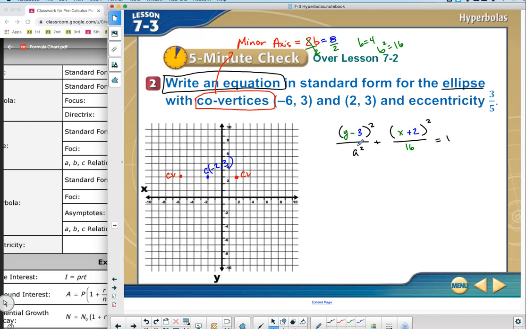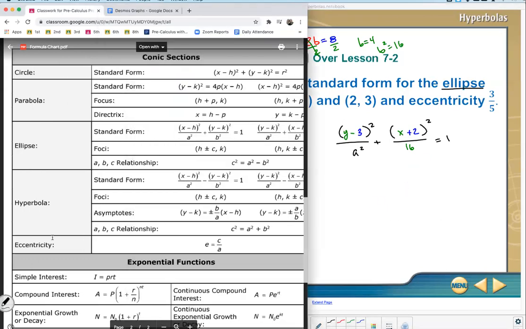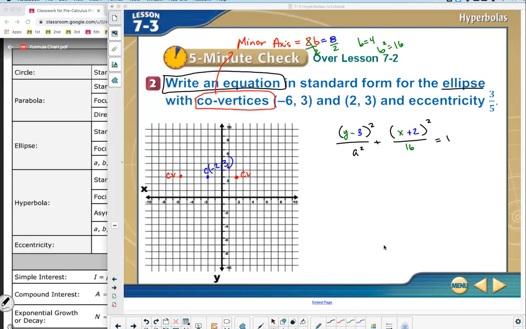What's left? The a squared. Our problem, we find out the eccentricity is 3/5. That there is a formula for eccentricity here on the formula chart. The eccentricity is c divided by a for all shapes. So if eccentricity is c divided by a, I could substitute and say 3/5 equals c divided by a.